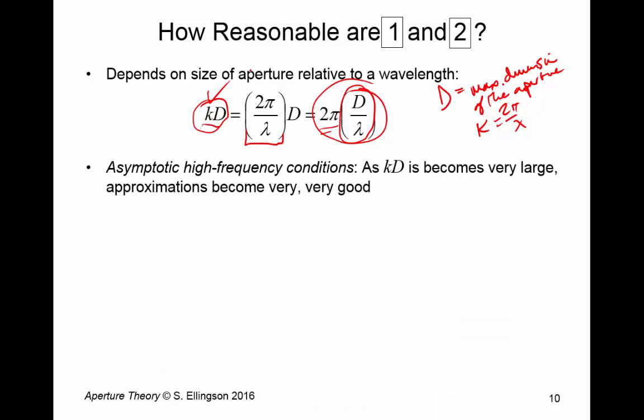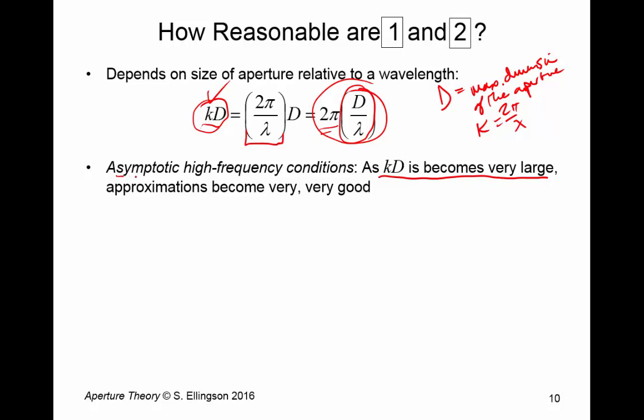Now, if kD is large or becomes very large, so maybe 10 wavelengths, maybe 100 wavelengths, and so on, then these approximations become very, very good. In other words, if kD is very large, that means the opening is a large number of wavelengths across, then the scattering by the edges into the aperture is small and can normally be neglected.